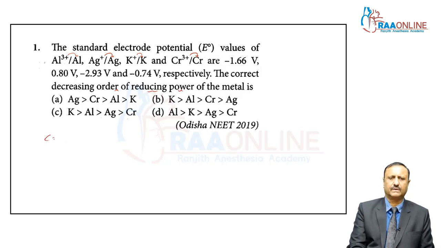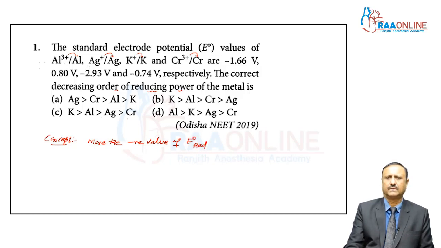Now, what is the concept of this question? Concept: my dear students, the more negative the value of E naught reduction, the more the metal is reducing in nature.